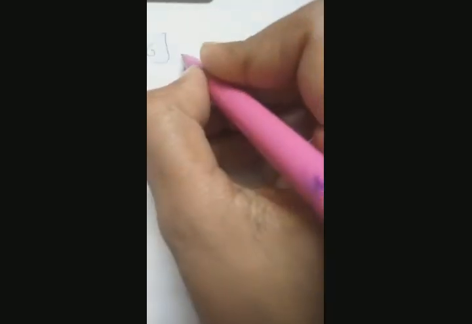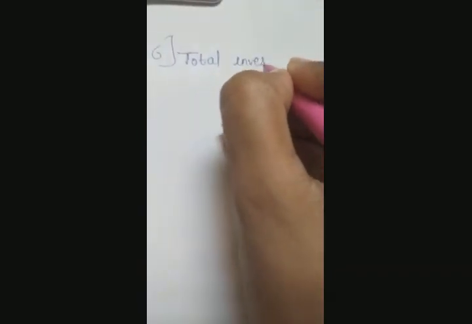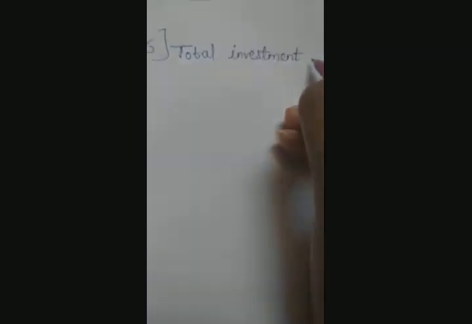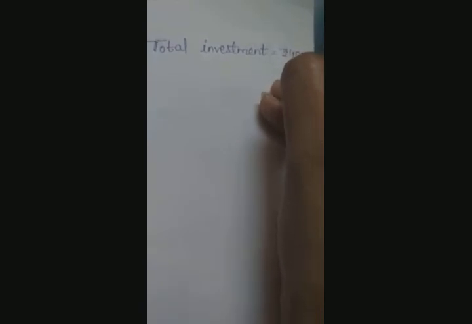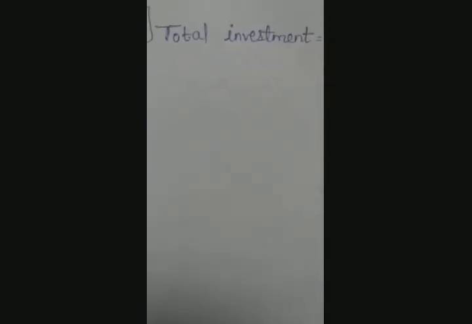Now we'll start solving it. So in a business, total investment is equal to rupees 40,000. Okay. So total investment equals 40,000.